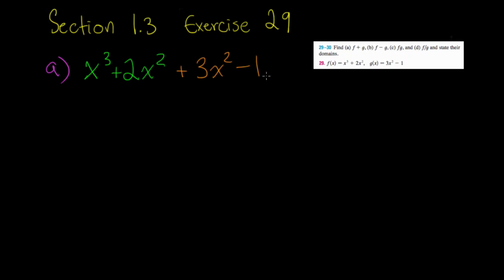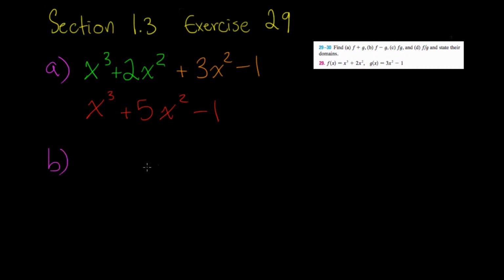That's the full function, equal to f plus g. Now we can simplify this by adding the x squared terms together, and we get x cubed plus 5x squared minus 1. 2 plus 3 is 5, and that would be f plus g for this particular problem.